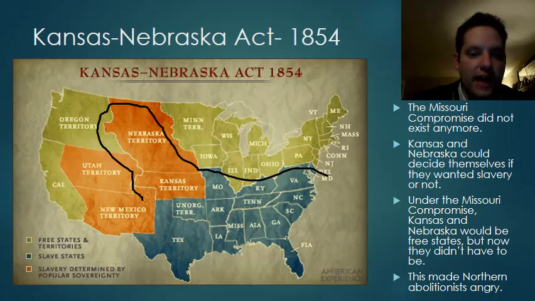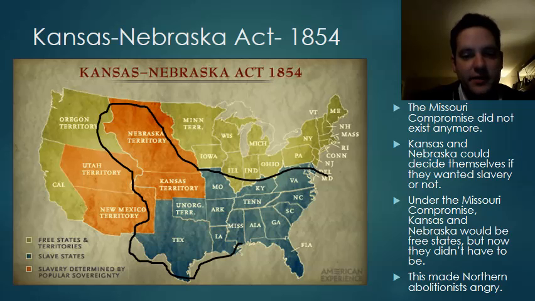That's a lot. If you've noticed, Texas has become a slave state. That's a lot of land. So you'd have more states that are slave states than states that don't allow slavery.